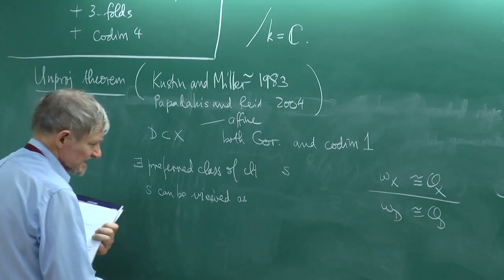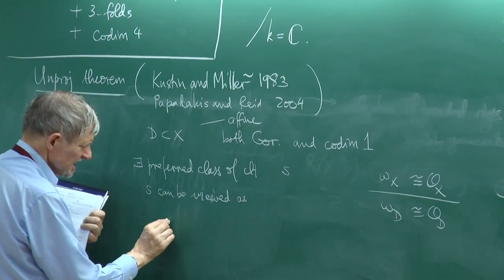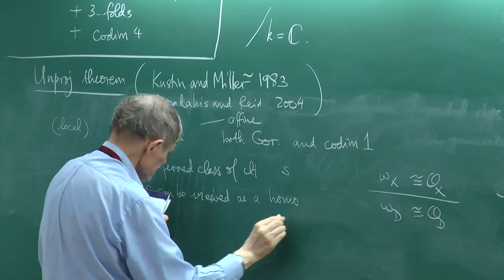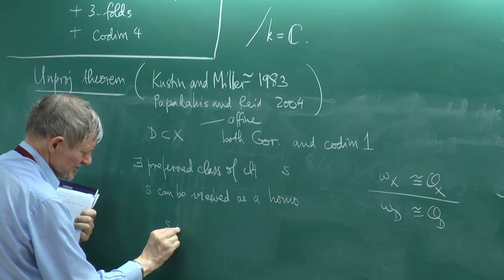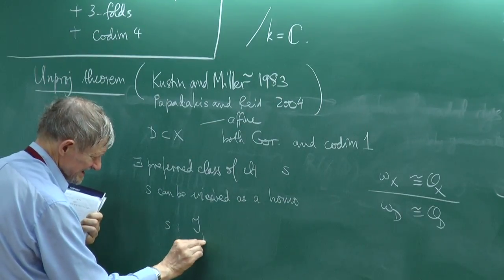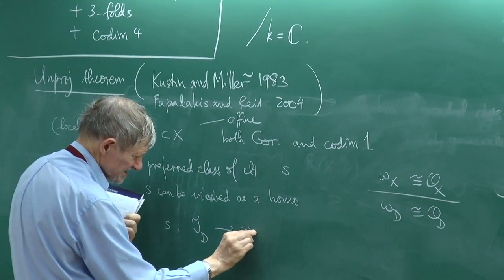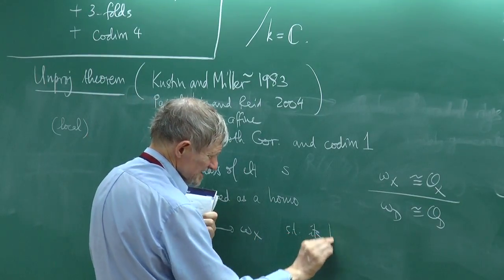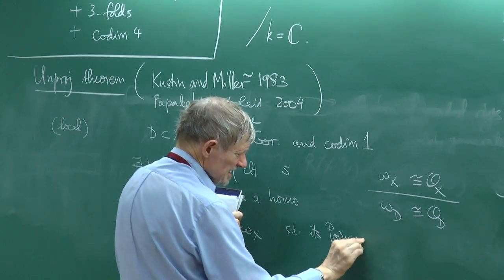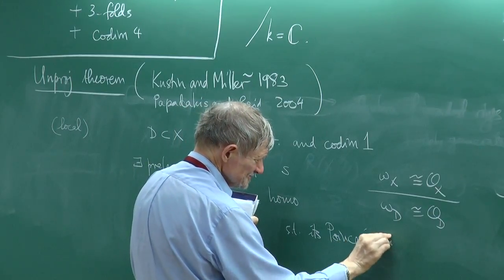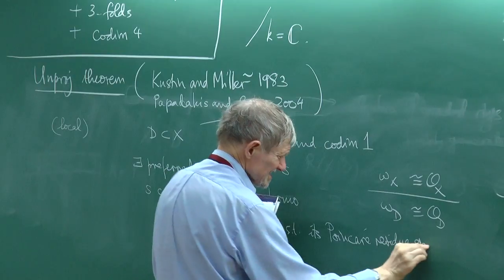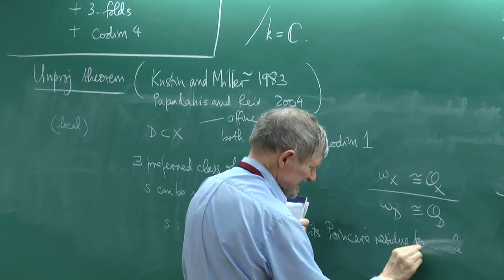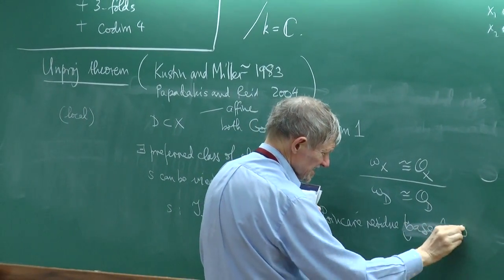So it can be viewed as a homomorphism S from ID into omega X, so that its Poincaré residue generates, is a basis of, omega D.